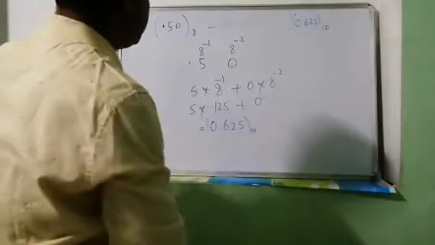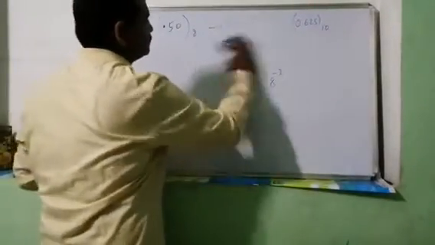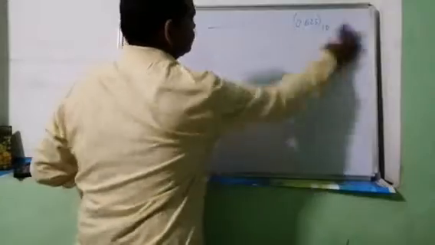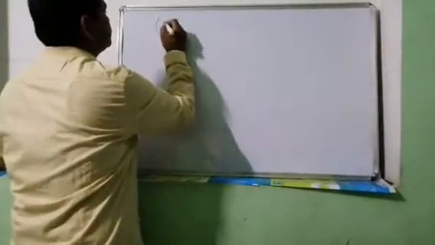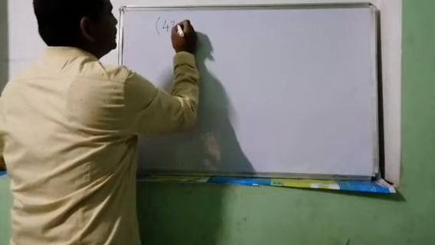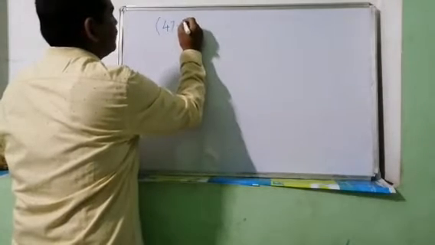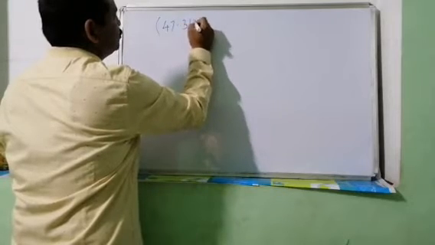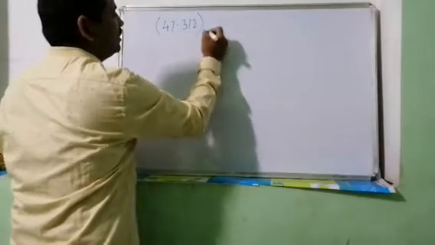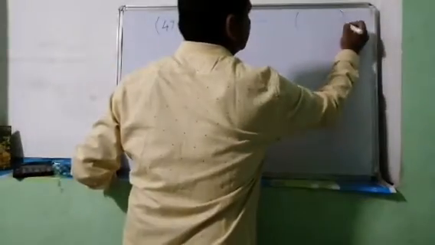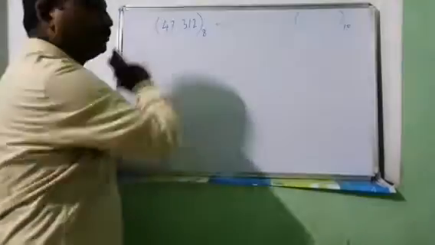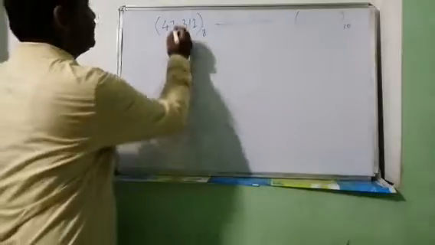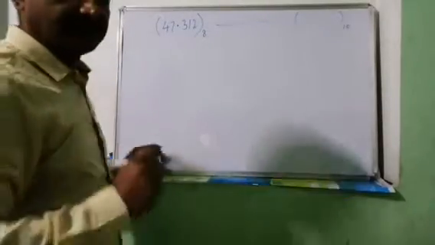Try one more. 47.312 octal to decimal. So two parts are here, integer part and fractional part.